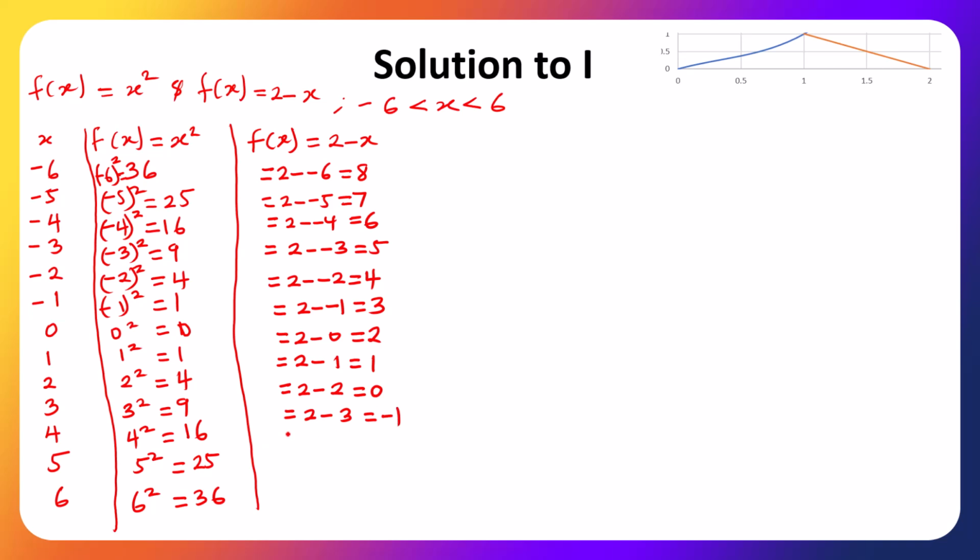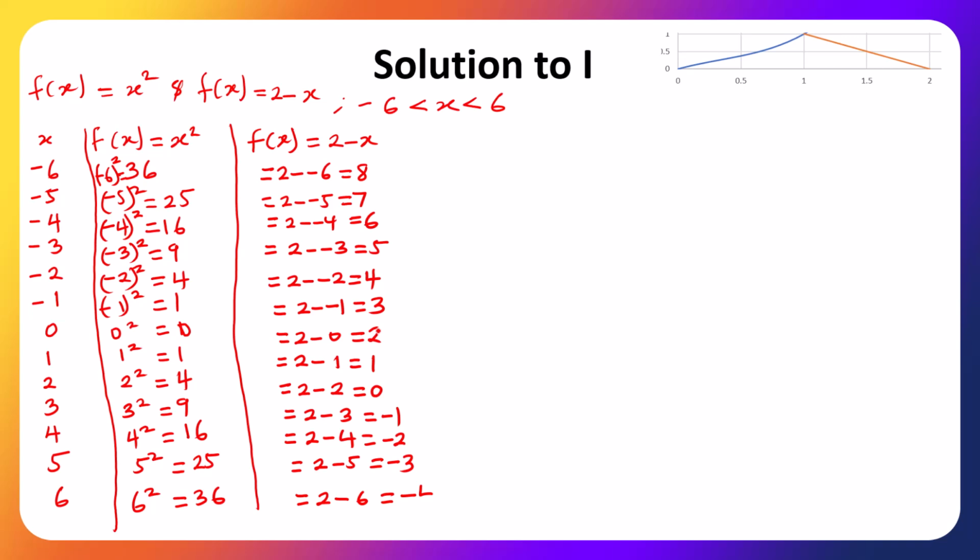For 4, we have 2 minus 4, and this gives us minus 2. For 5, we have 2 minus 5, which gives us minus 3. And finally, for 6, we have 2 minus 6, which gives us minus 4.